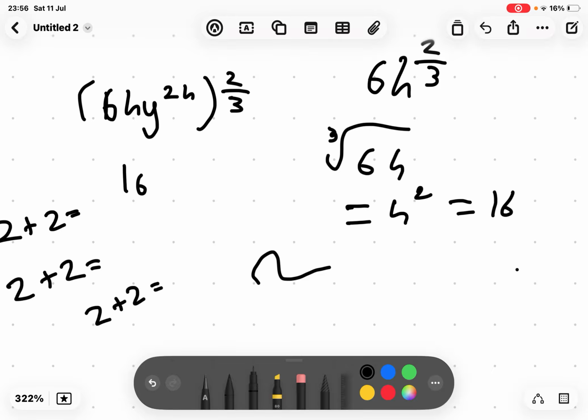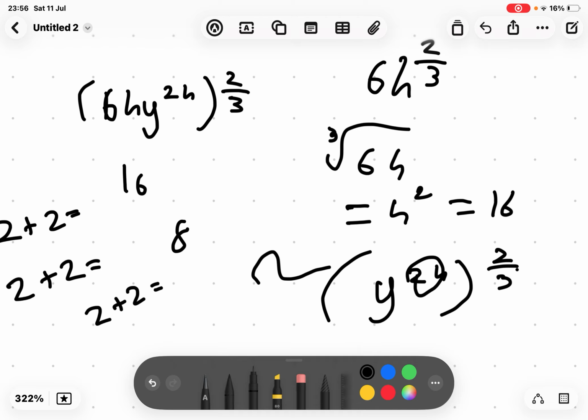And then we have y to the power of 24, like this, and divide this by 3. That's going to be 8, and then 8 times, so that's going to be 8/16.